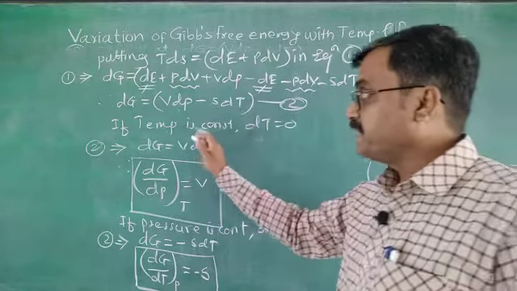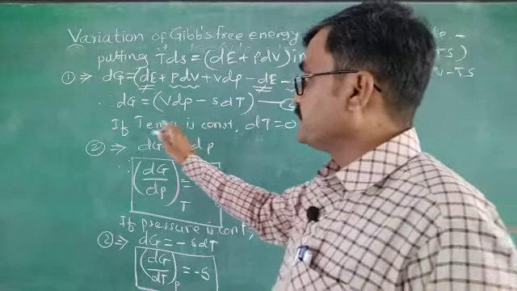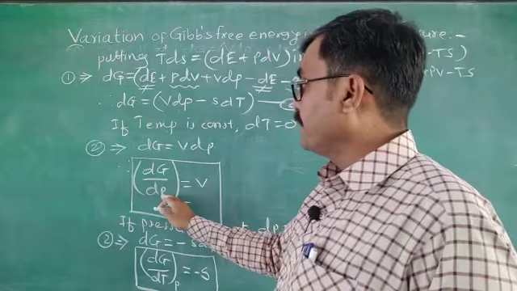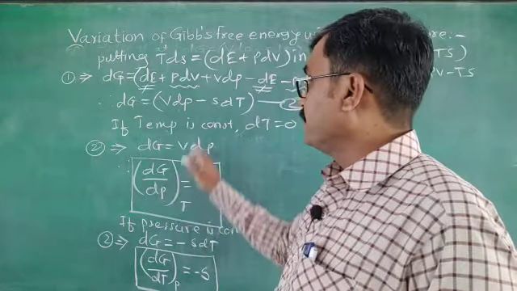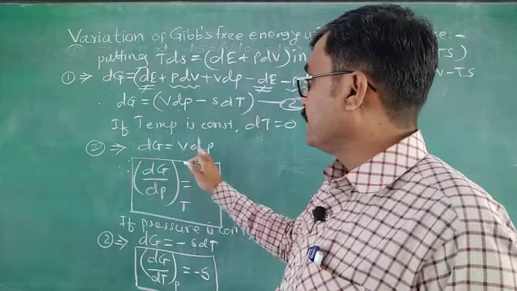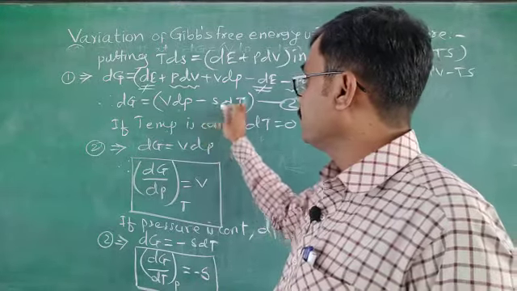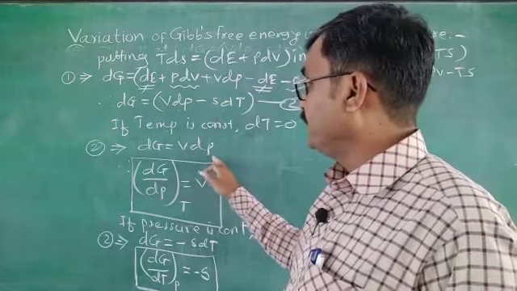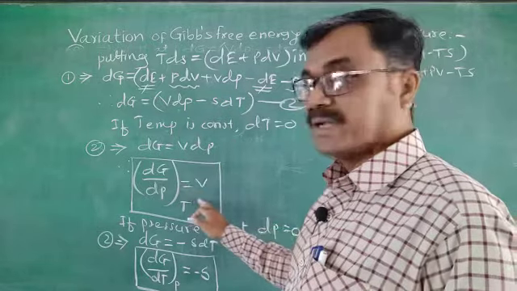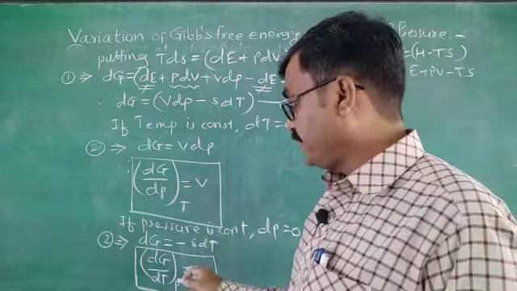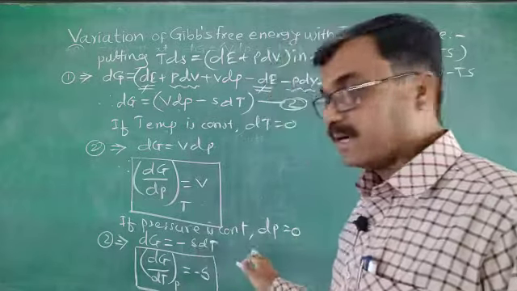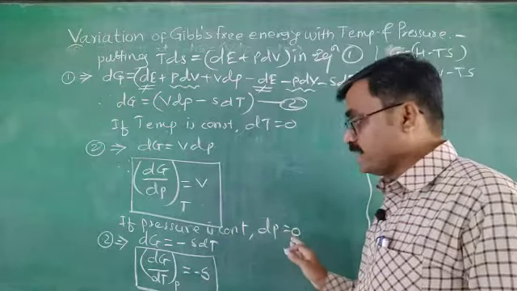After this, rearrange as far as dG upon dP at constant temperature. Temperature is constant, so dT is 0, which means that term becomes 0. That's why it will be VdP, and then you will get this. If pressure is constant, dP equals 0.